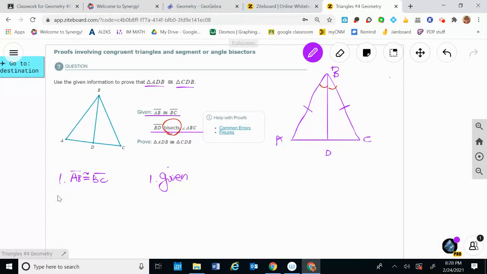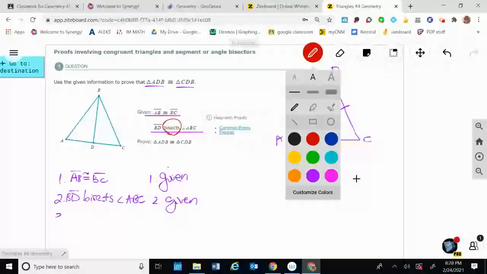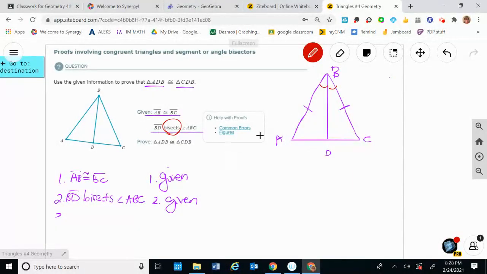So 1 is given. 2, you're going to put BD bisects angle ABC. Why? Given. Okay, then 3. 3 is what you're going to add to this. Okay, so take a look.